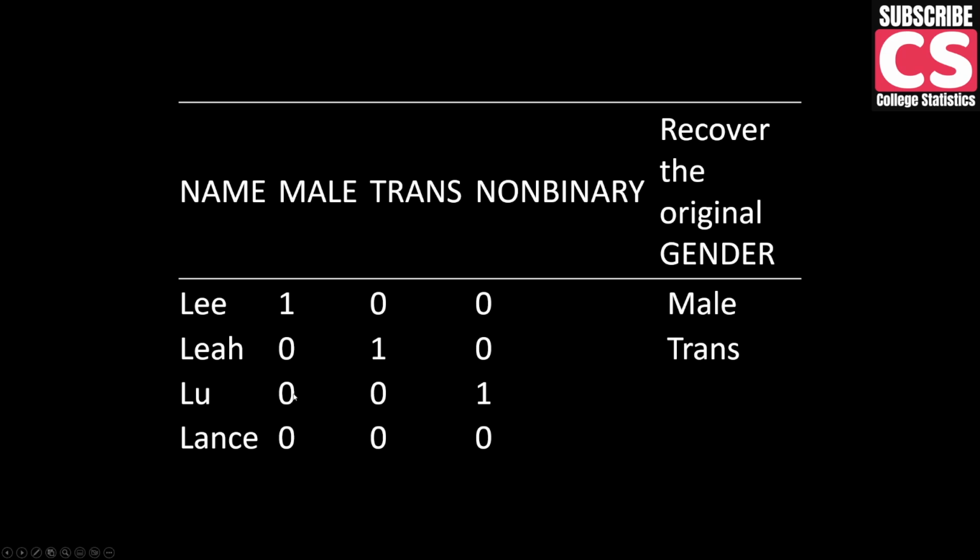There is a 0, which means no, under male, so Lou is not male. There is a 0 under trans for Lou, so Lou is not trans. But there is a 1, which is coded as yes under non-binary, so Lou must be non-binary.